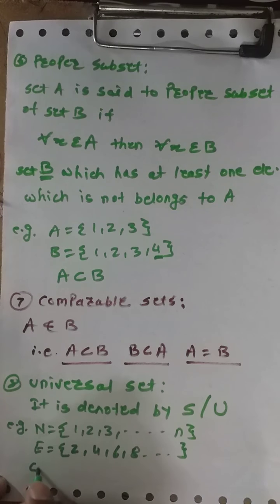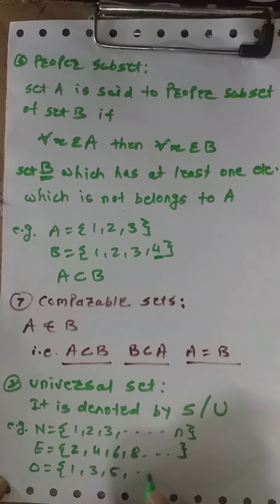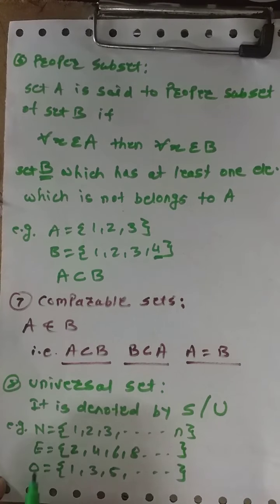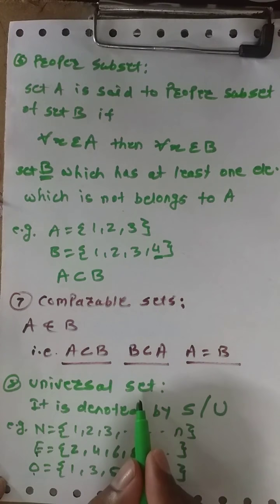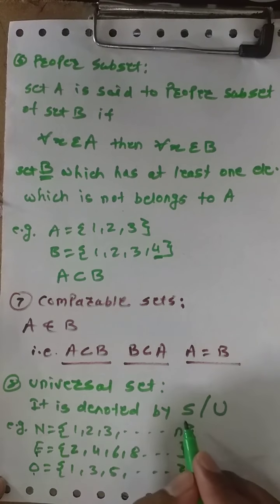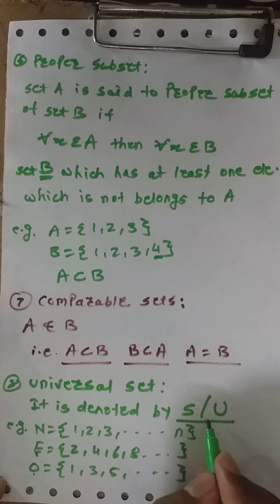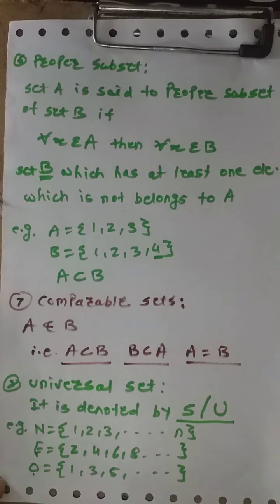And O is the set of odd numbers, that is 1, 3, 5, etc. So we can say that N is the universal set of E and O, because N is the superset of E as well as of O. It is denoted by either capital S or capital U.